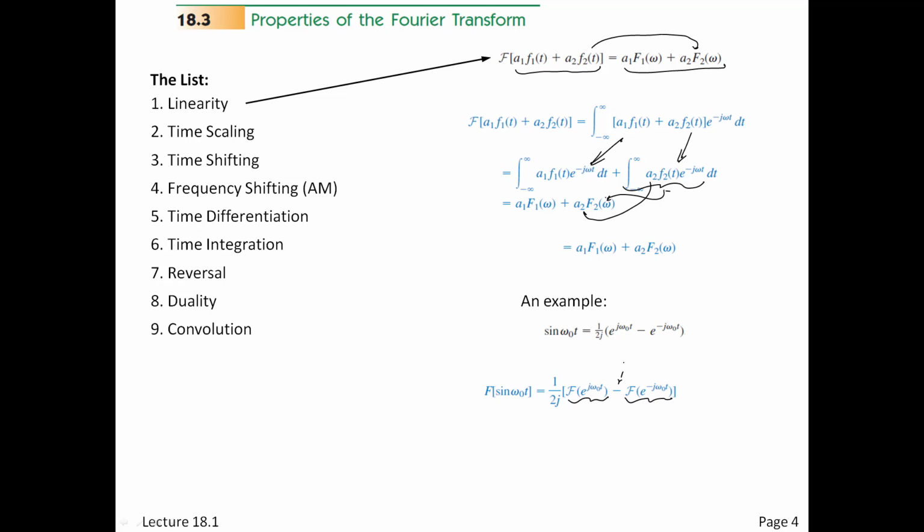Okay, and the coefficients, a1 and a2, are just 1 in this case. And so if we have the Fourier transform of e to the j omega 0 t, then we've basically created the Fourier transform for the sine. See, now one would think, well, linearity, that's obvious. You know, we would just do that.